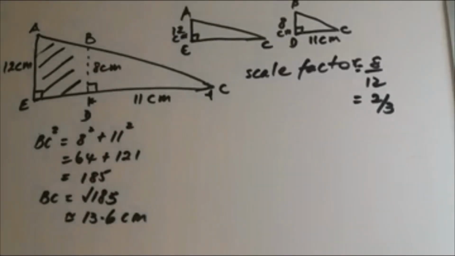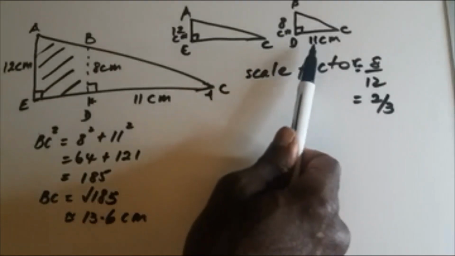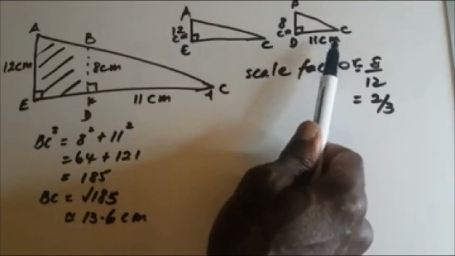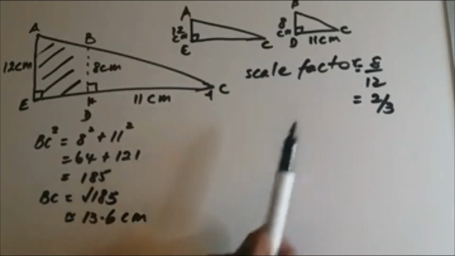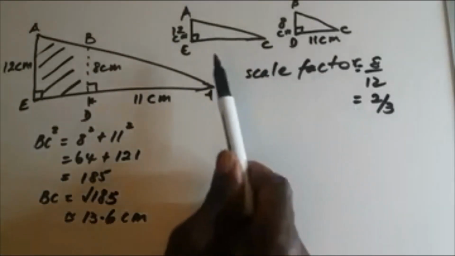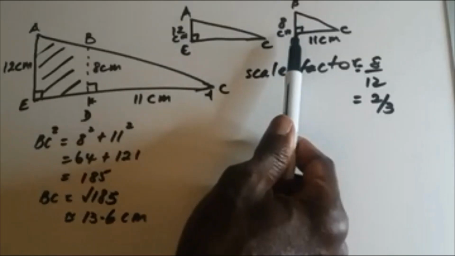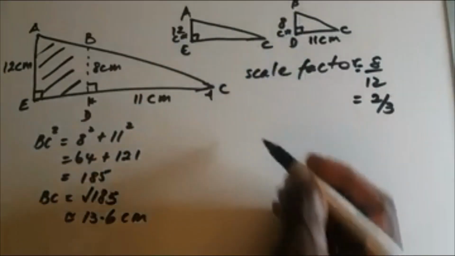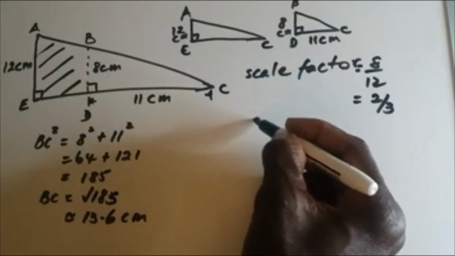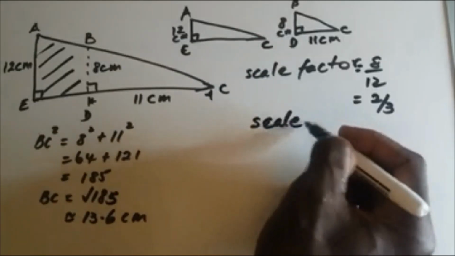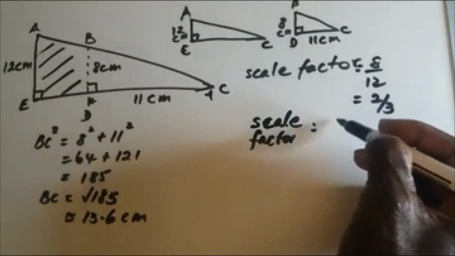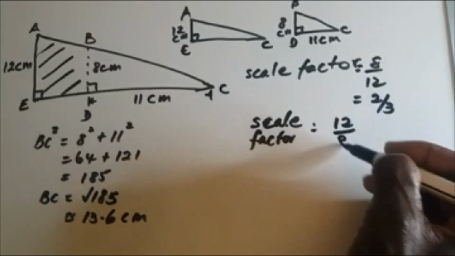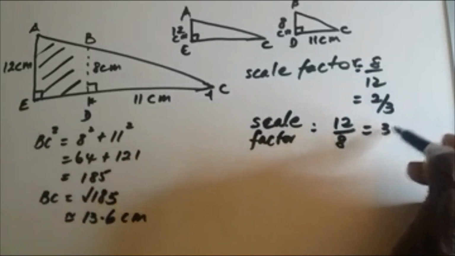Another approach we can take is to find the corresponding side DC on the larger triangle, which is EC. Now this scale factor allows us to scale from the larger to the smaller. The opposite would be the scale factor 3/2, which is just by calculating 12/8, which is 3/2.